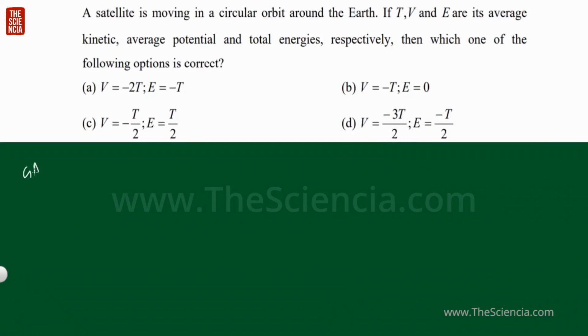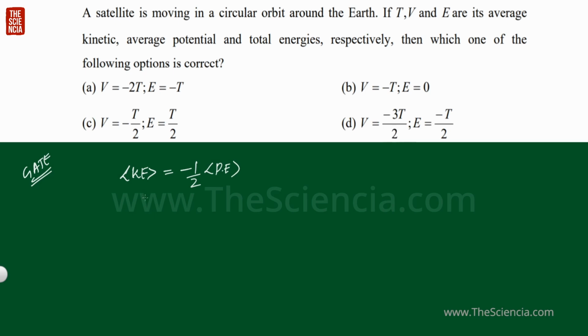This one is a previous GATE question, and here a satellite is moving in a circular orbit and they are asked to find out the relation between potential energy and the total energy. So definitely here the force is gravitational force, and for gravitational force we know the relation between kinetic energy and potential energy, that is the average value of kinetic energy will be equal to minus 1 by 2 average value of potential energy. This is for gravitational force.